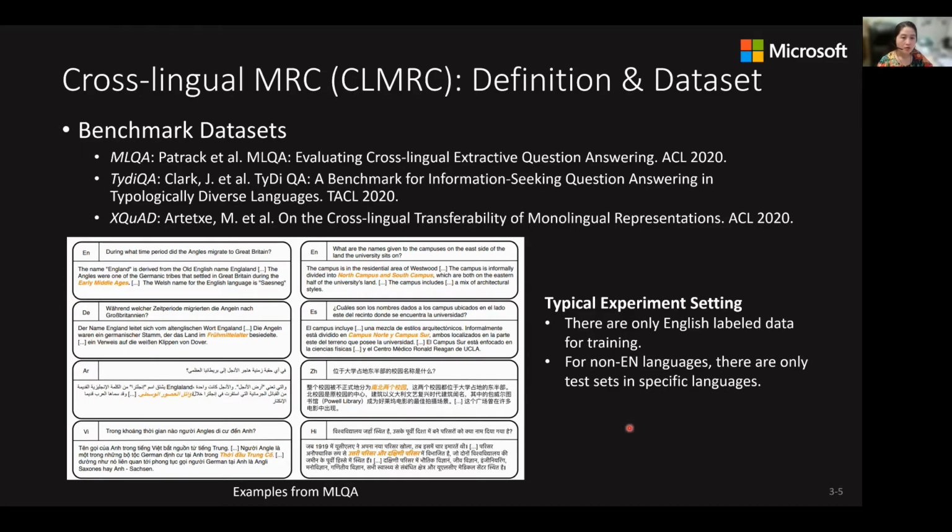MLQA contains QA instances in 7 languages, including English, Arabic, German, Spanish, Hindi, Vietnamese, and simplified Chinese. The typical experiment setting with this dataset is that for model training, only English labeled data is used, without other language-specific labeled data. After training, directly test the model on non-English language test sets.